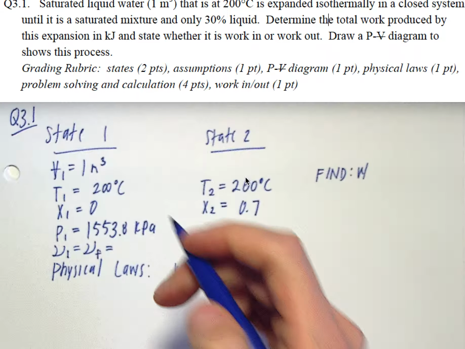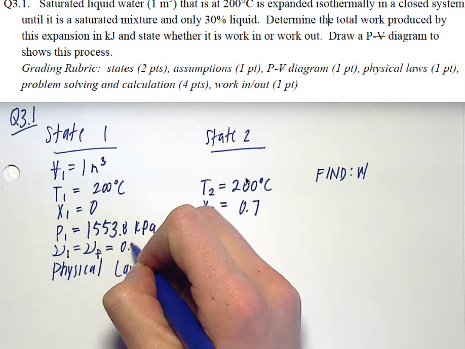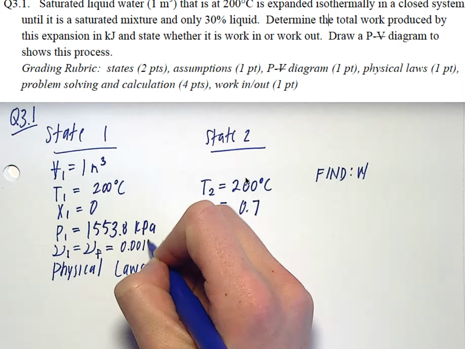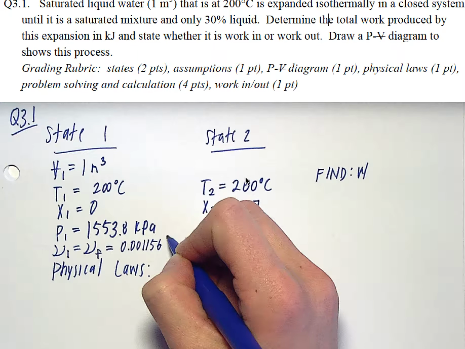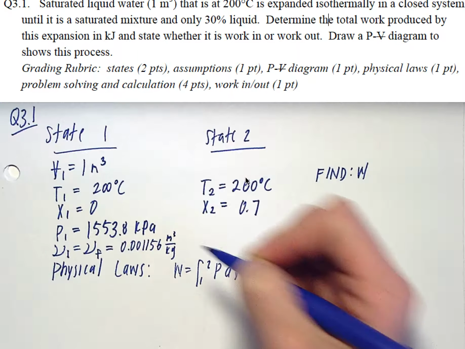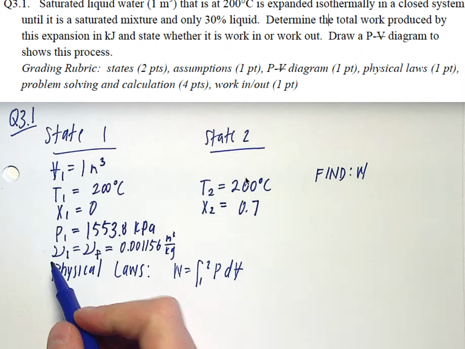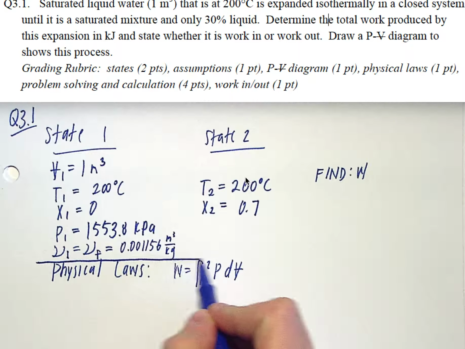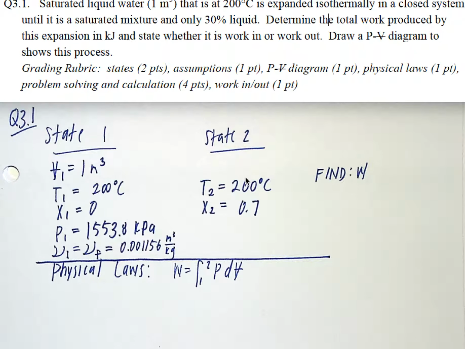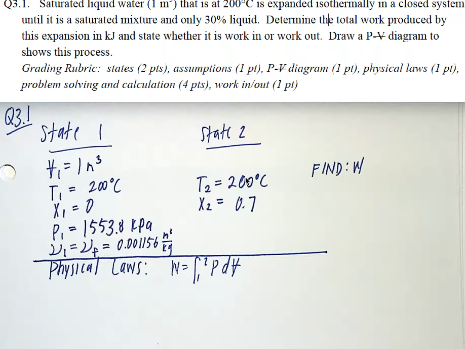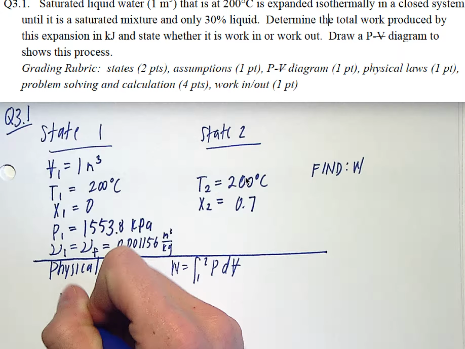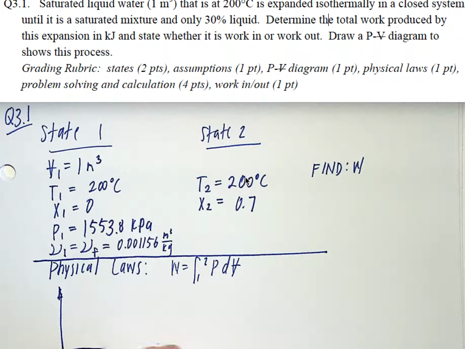So we'll jot that down in our table. Okay, so right now we have enough state information about the properties of state 1. Now we know that it's at the same temperature in state 2, but that the quality has changed. So this is a good time to think about this using a PV diagram.